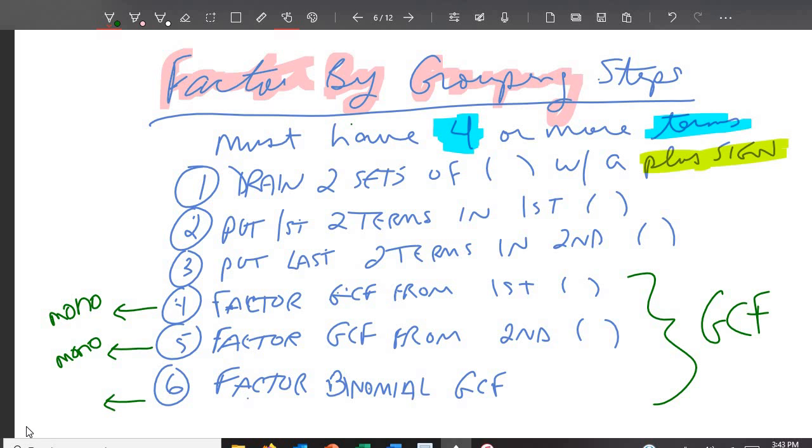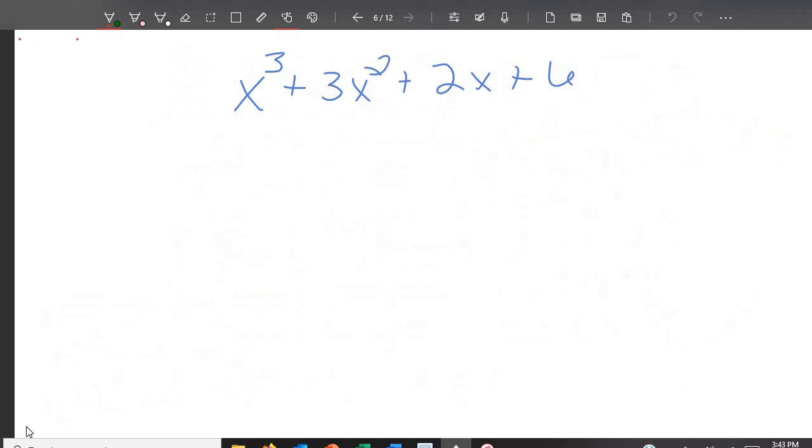This one is going to be the binomial GCF. 3 GCFs. Now, once you get the hang of this, it's not too bad. It's just remembering the steps to the factor by grouping. Alright. So the first thing it says to do is to draw 2 sets of parentheses with a plus sign in the middle.